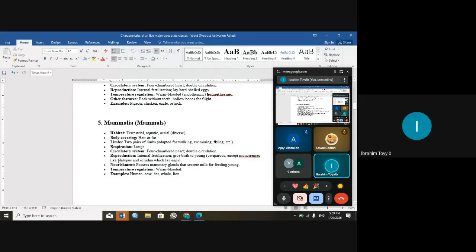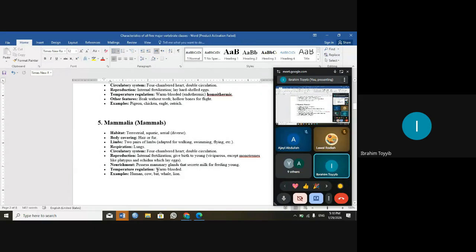Like the platypus, and we have the kangaroo also. They are called pouch mammals. They have a pouch for carrying their offspring. They have mammary glands for nourishing the young.